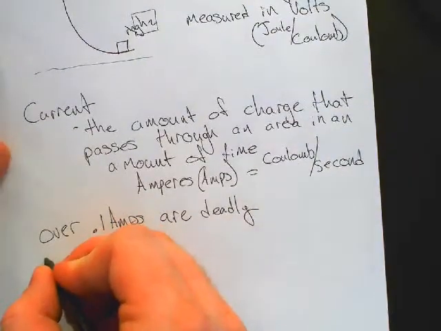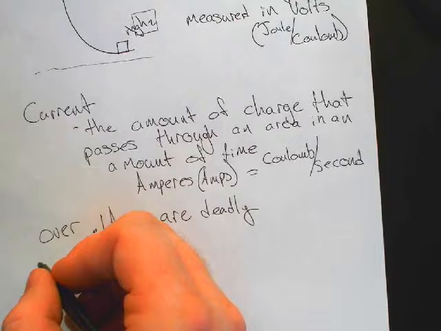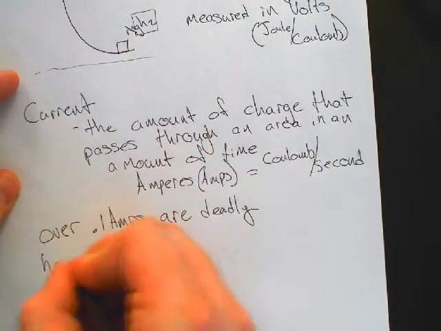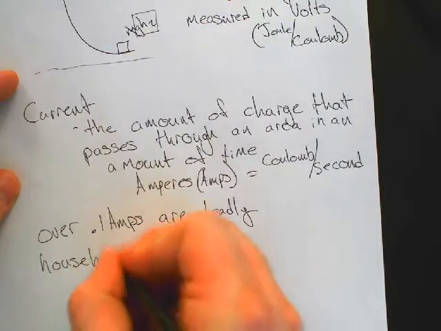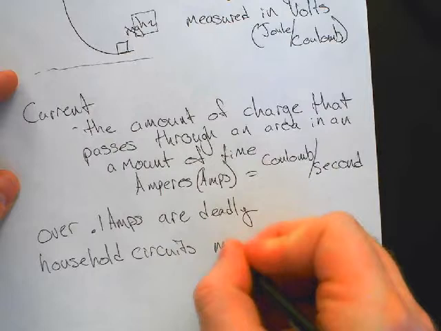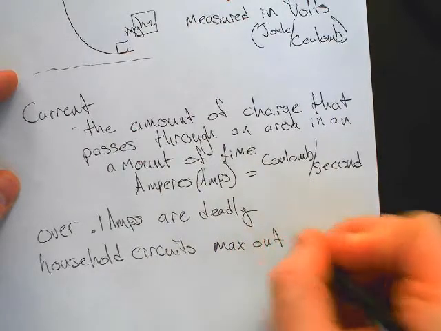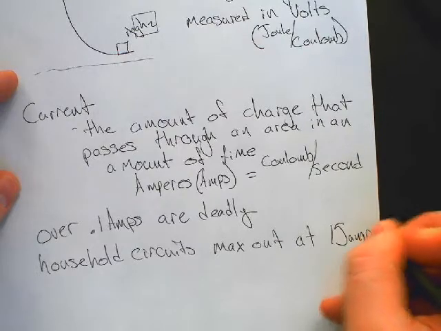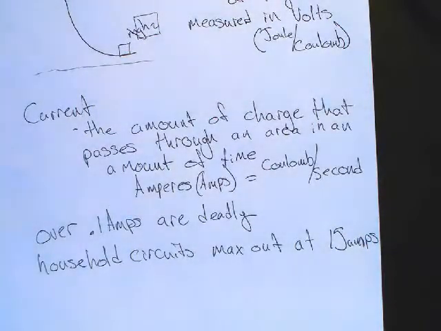Okay. Typically, your household circuit is set to max out at about 15 amps. Household circuits max out at 15 amps. Any higher than 15 amps and wires in your house would likely start to melt and set fire to insulation. Okay.